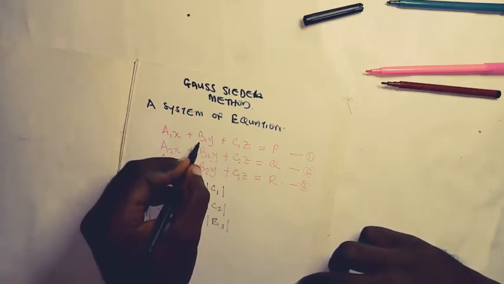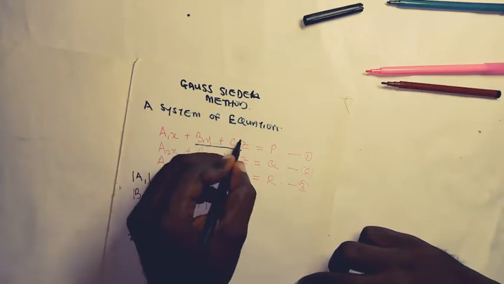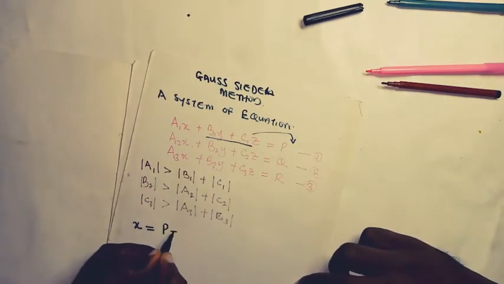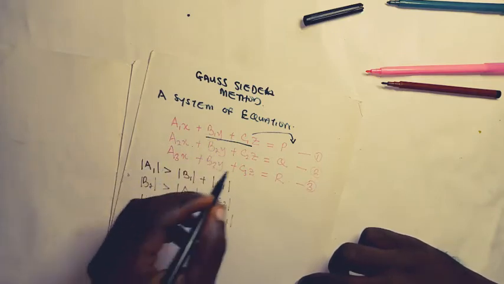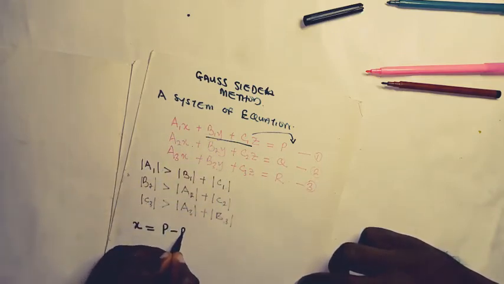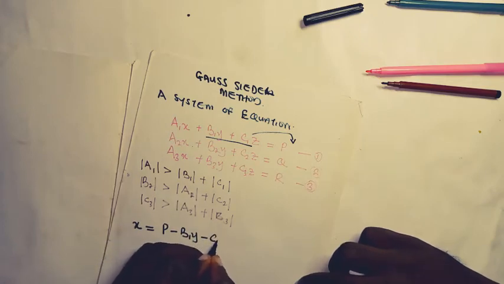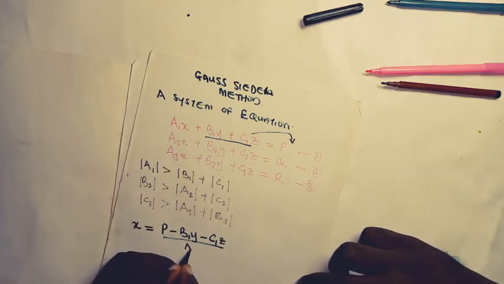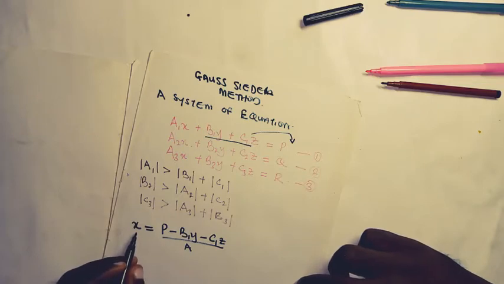We move these two values over here to say p minus, remember the sign will change to minus as they cross the equation sign, b1y minus c1z divided by the coefficient of x, which is a1, and that will give us the solution for x.